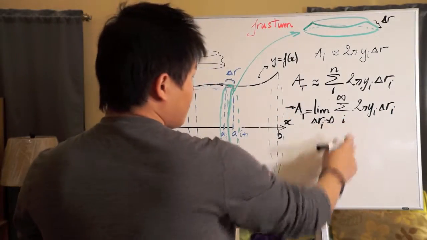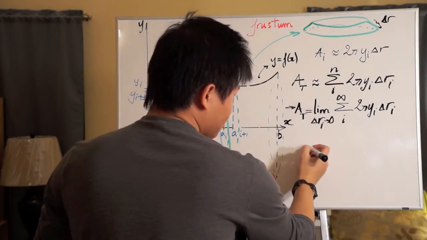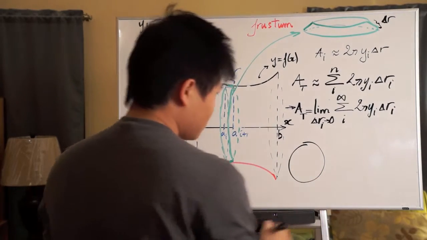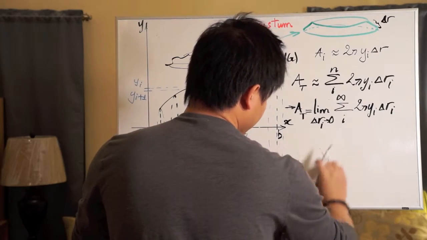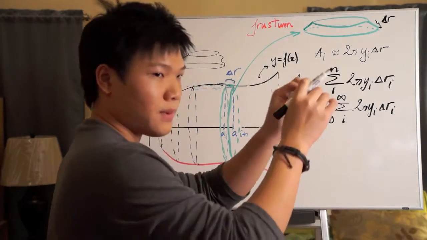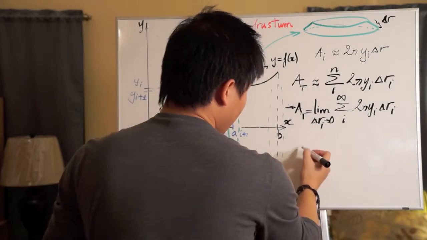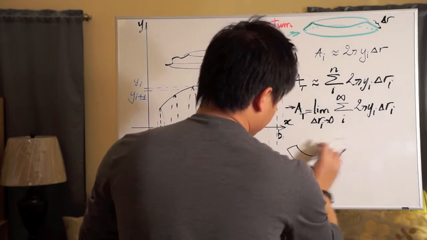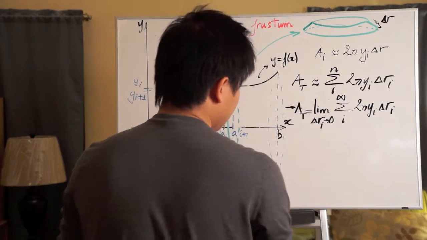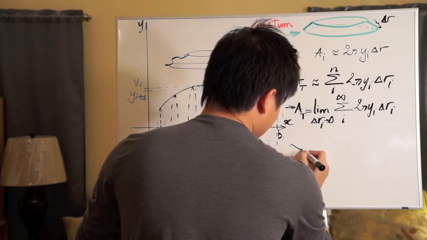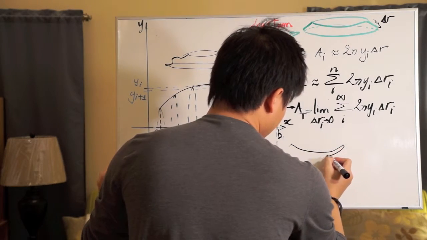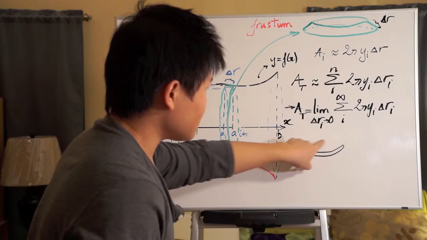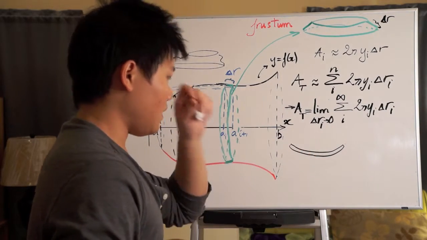Why is it 2 pi here? Because in the beginning we talked about this, right? The thin strip, we can think of it as just a circle. When you cut the strip and expand it out, you open it up, it almost looks something like this. So this is almost like when you calculate the length of a curve.